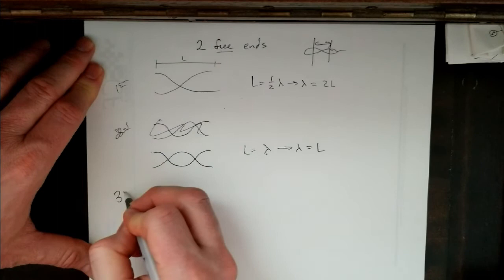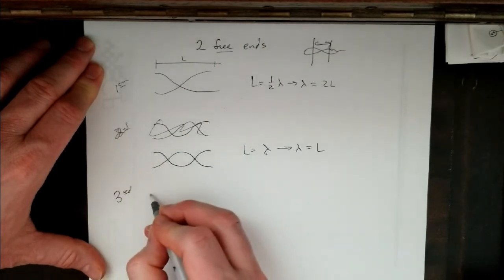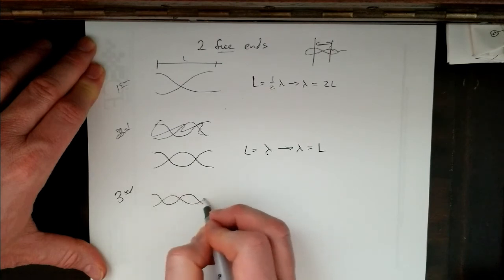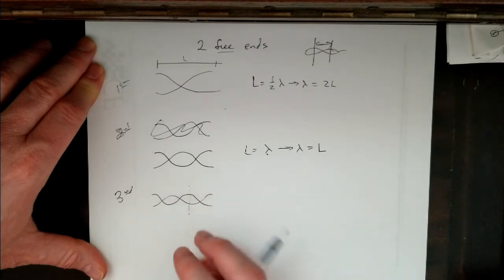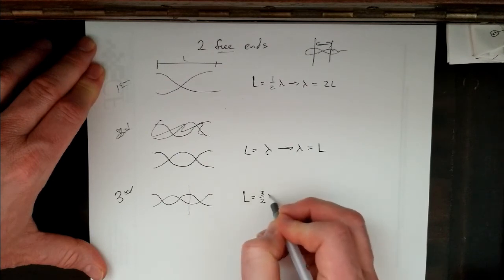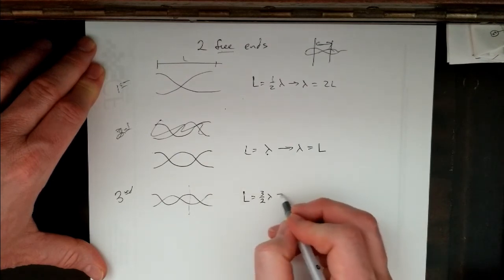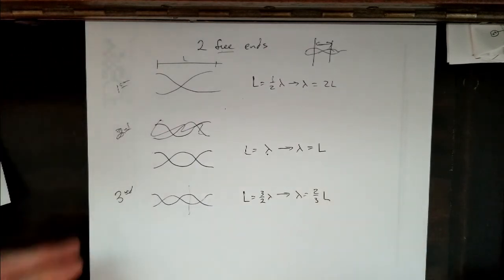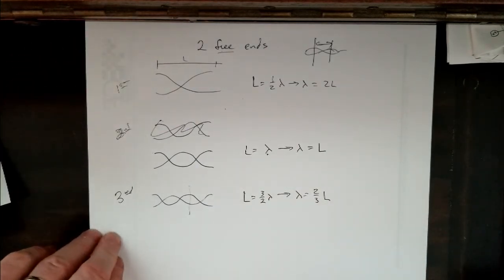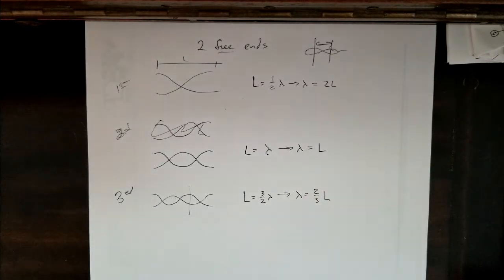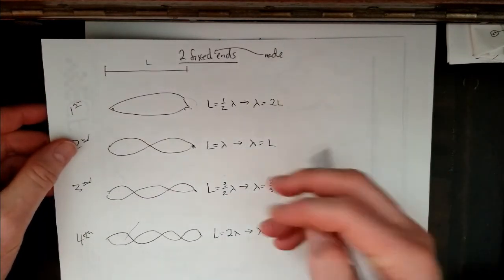So the third harmonic, well, that's a full wave to there, and then we added half a wave, so L is equal to 3/2 or 1.5 waves, or the wavelength is 2/3 L. We will indeed do a demonstration with that. But notice the math here is the same as the math we had with the 2 fixed ends.